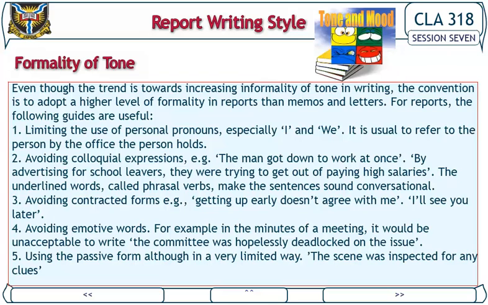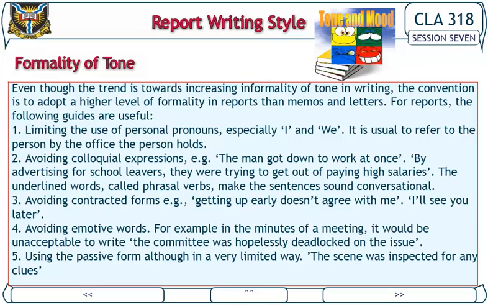It is usual to refer to the person by the office the person holds. 2. Avoiding colloquial expressions, e.g. the man got down to work at once; by advertising for our school leavers, they were trying to get out of paying high salaries. The underlined words, called phrasal verbs, make the sentences sound conversational.